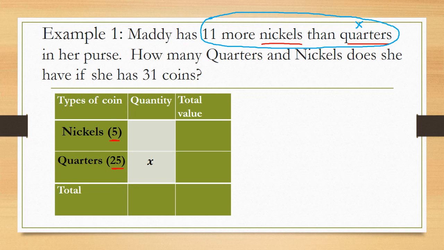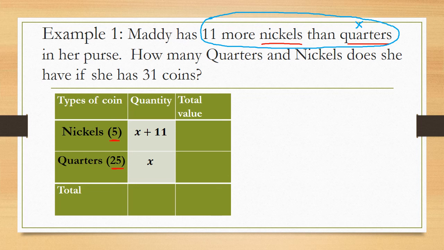So that means if I have X number of quarters, I have X plus 11 nickels. And this is the hardest part of setting up the equation, to identify exactly the quantities and the total value of the coins in the problem.